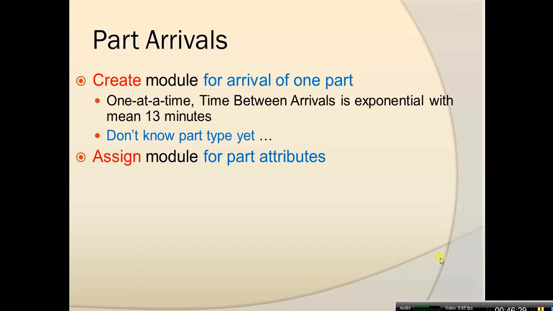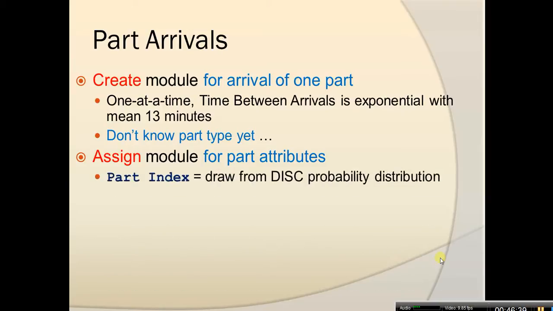So what we can do is we can actually use the discrete distribution to be able to assign the part index, and so the part index will be drawn from the discrete probability distribution. And important to remember that this discrete probability distribution needs to use the cumulative probability values.